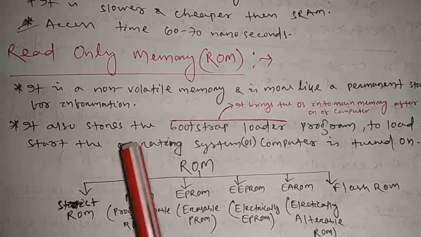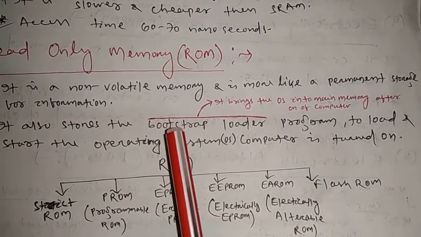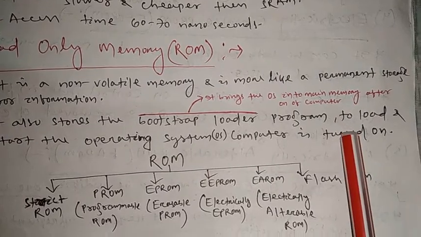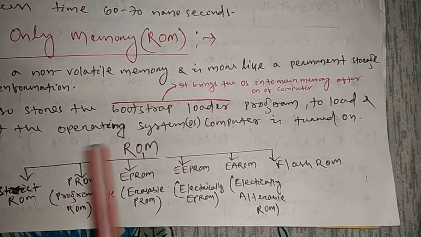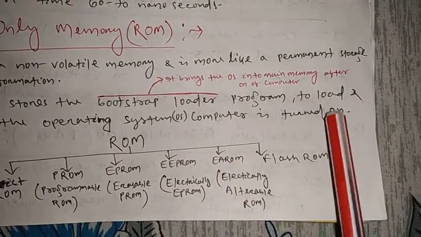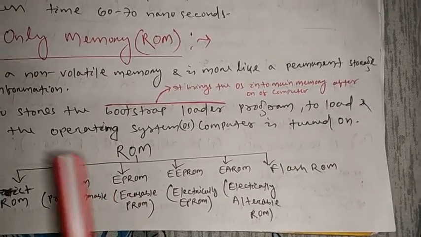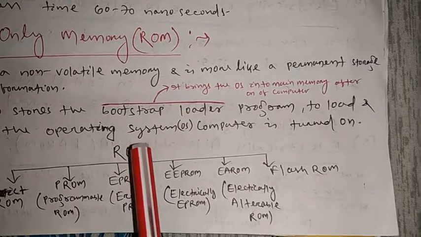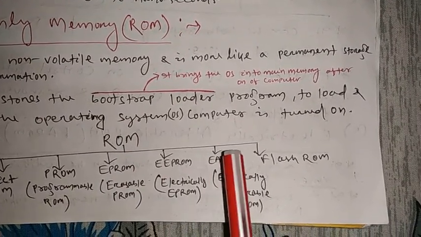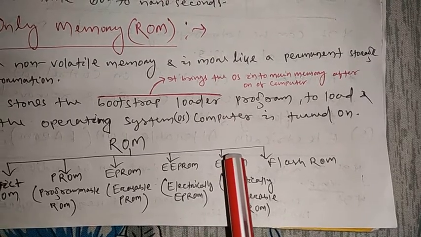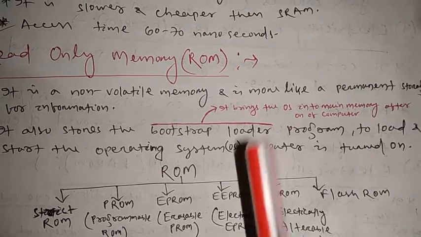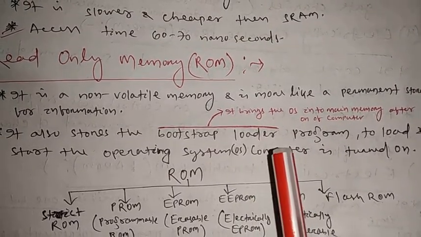It also stores the bootstrap loader program to load and start the operating system when the computer is turned on. So when we turn on the computer, which memory is being accessed? ROM is accessed at that time.